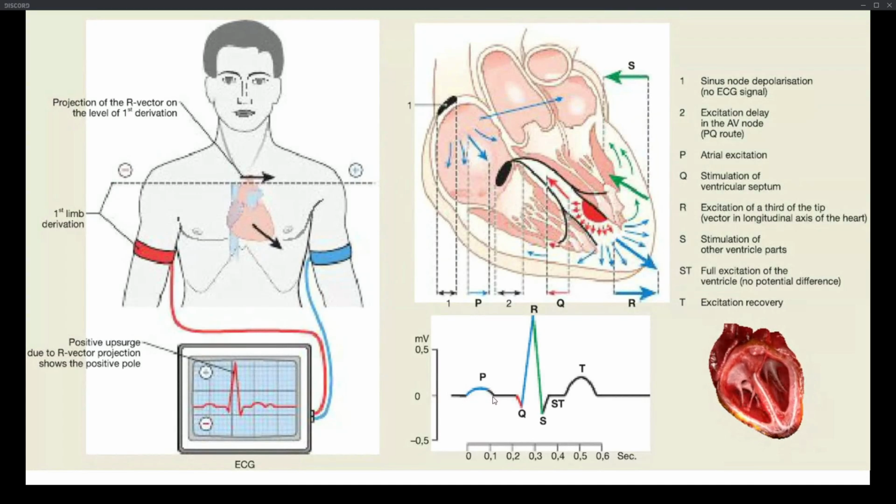Then the nodus atrioventricularis blocks the depolarization for a short while, for about 100 milliseconds, and only then it continues.